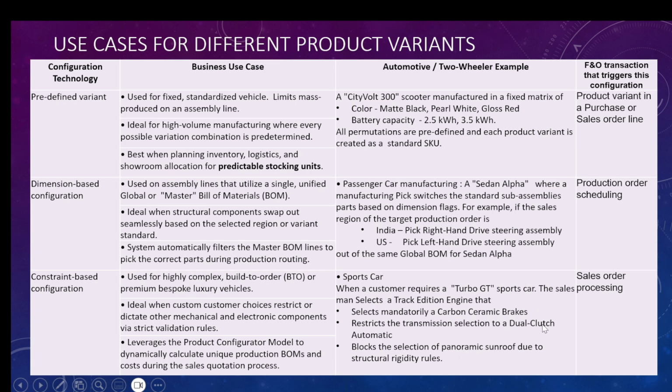So these are all the features of different configuration technologies, and all of them are categorized as different product variants. Okay, now I hope you are clear about what is a product master and what is a product variant, what are the different variant technologies used in F&O, and how it can be applied for our customers' business scenario.